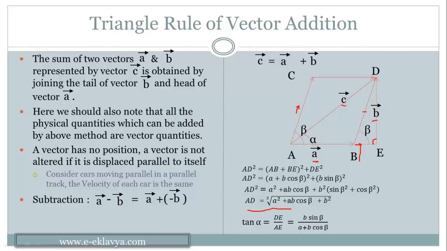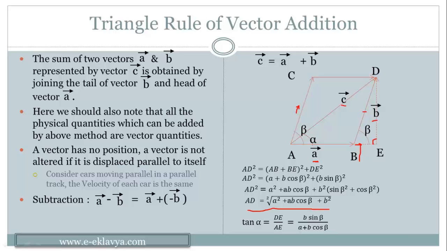I will leave it up to you to do the simple computation. This is nothing so great, very simple. And so what we have got is the magnitude part, and what we need now is the direction.